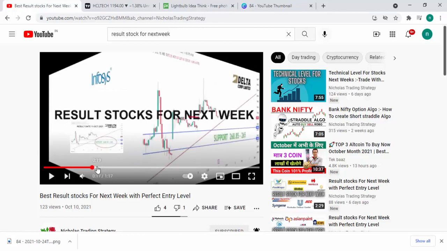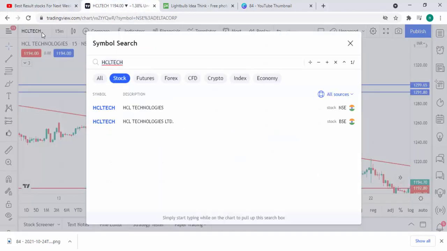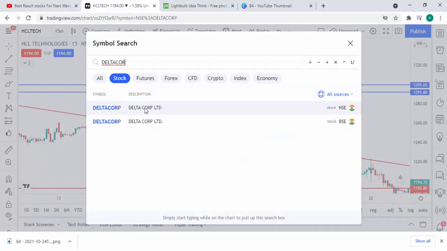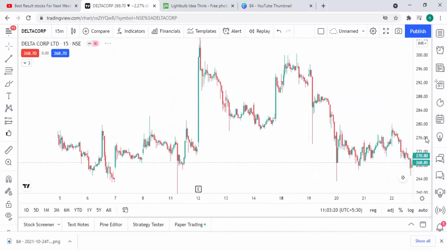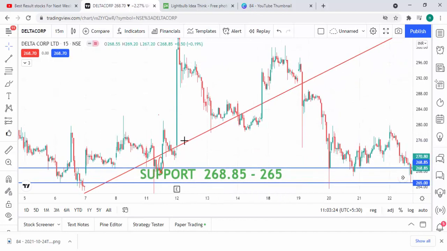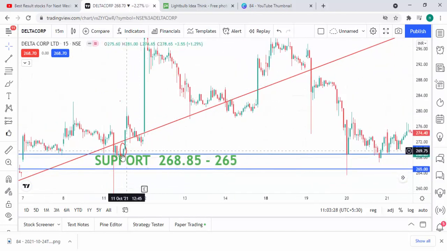The first stock I gave was Delta Corporation, 268.85 and 265 is the level. So let's see. From the 11th you can see the 50 minutes candle is closing above the level 268.85.